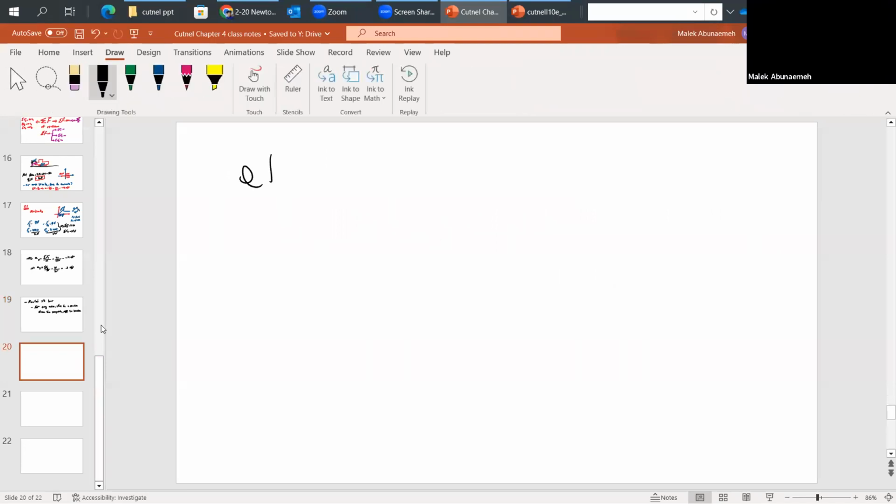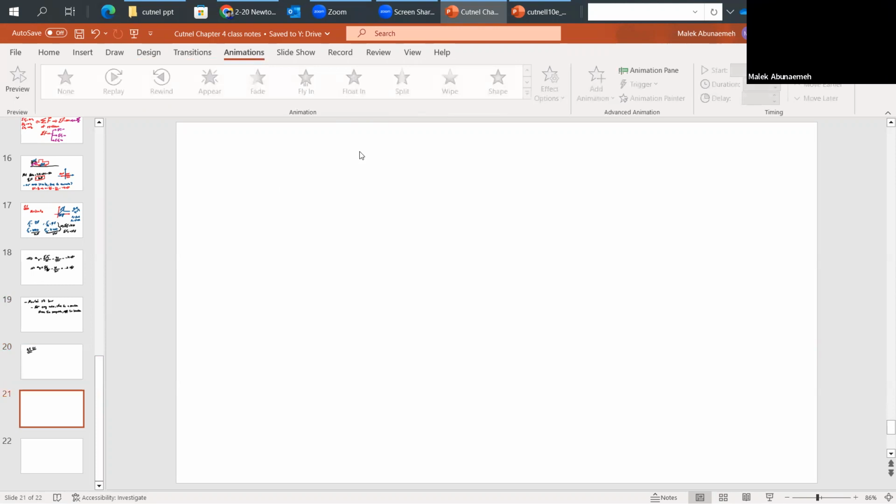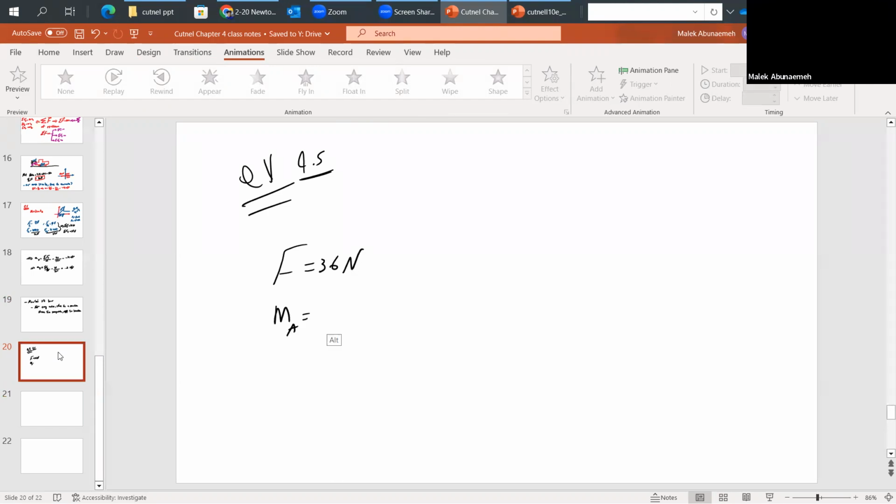All right, so let's go ahead and do this example over here. And I'm just going to call this 4.5 because it's slide 4.5. So we have the magnitude of the force is 36 newtons. The mass of the spacecraft, S, is 11,000 kilograms.